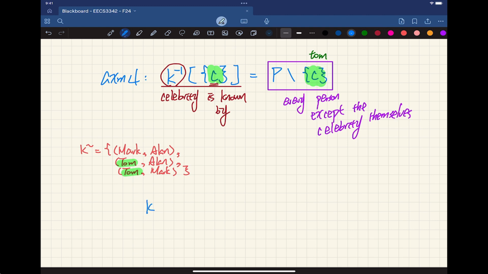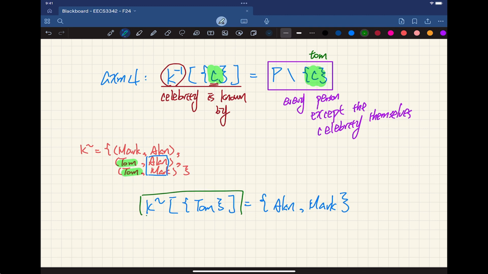So K inverse over here, Tom, is exactly equal to Alan and Mark. Now, finally, how do we interpret this?